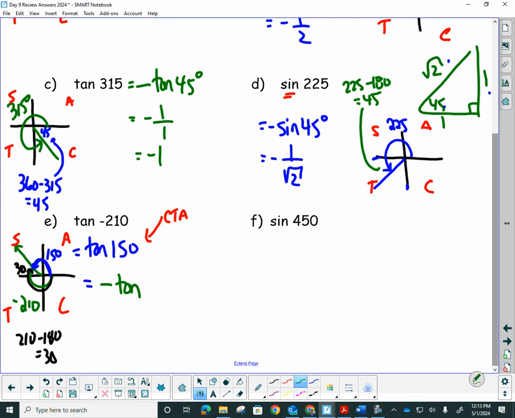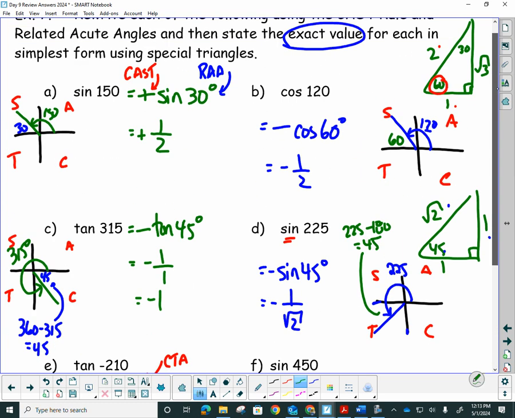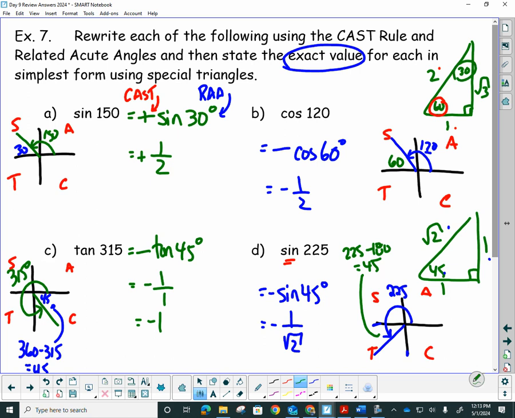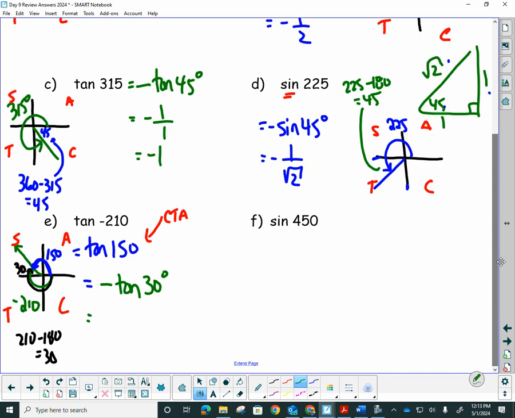Regardless, it's negative because it's in the second quadrant, and the related acute angle is 30. So negative tan of 30. So we'll have to sneak up and get my 30-degree angle. So there's 30. Tan is opposite over adjacent, so that's 1 over root 3. But mine is going to be negative 1 over root 3.